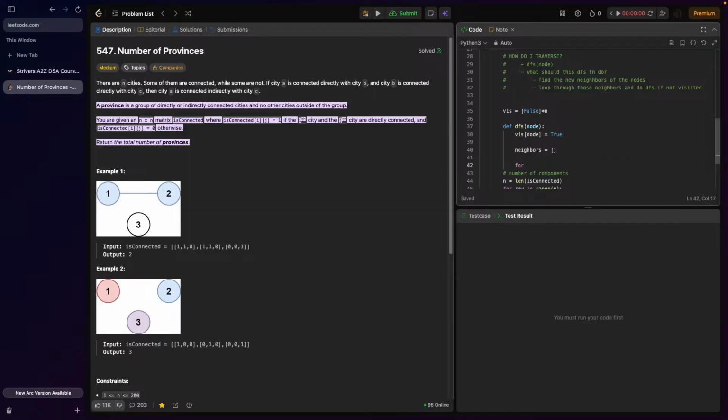Then I run for neighbor in connected of node, and what I do should be pretty simple.